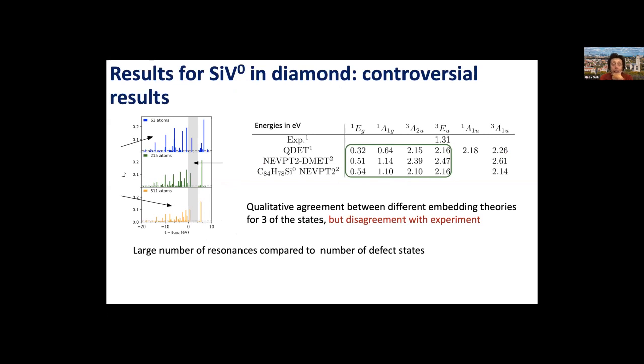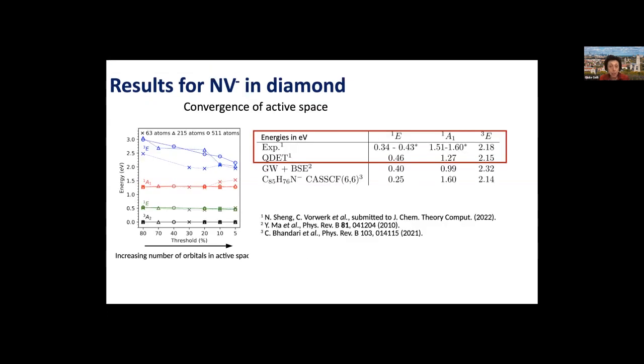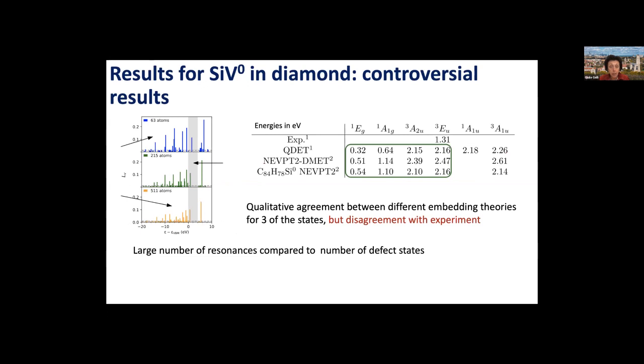So this is a charge defect, this is a neutral defect, and this is apparently a defect that we thought we would be able to handle. And again, we were able to converge our calculation well. We were able to have also a large active space.